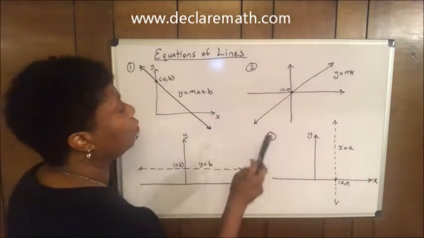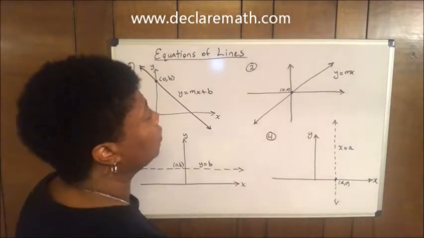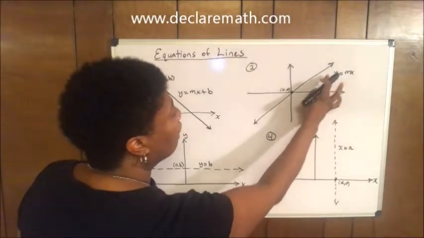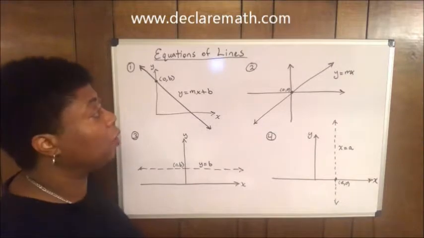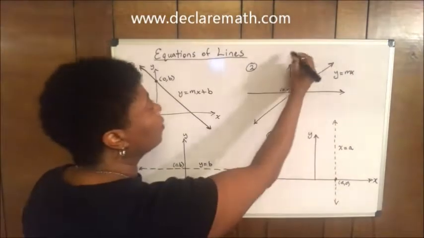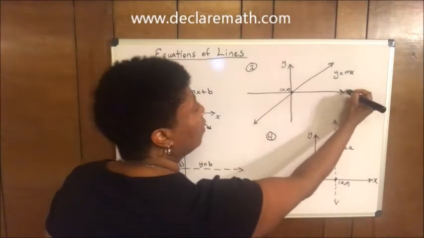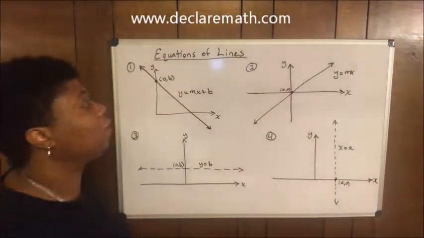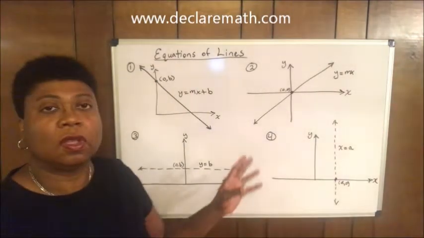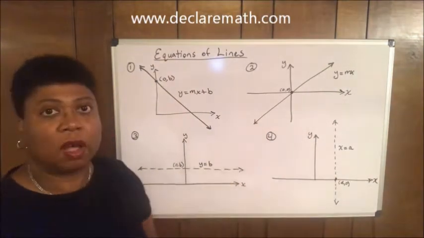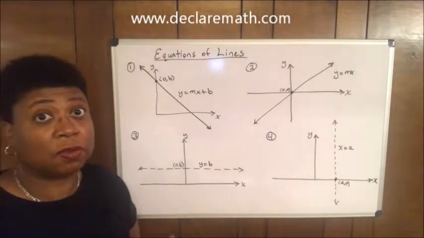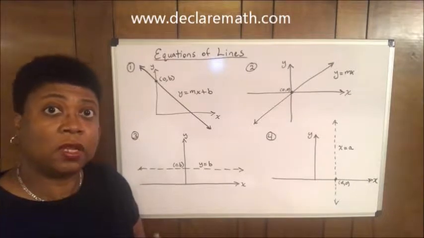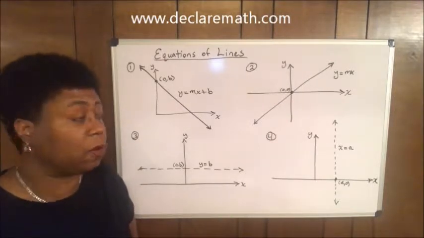Okay, now graph 2 here shows us the line if it went through what is called the origin, which is where the x and y, see, I don't even have them labeled, okay? Sorry about that. Where the x and y axes intersect is called the origin, and the coordinates at the origin are 0, 0. So the x coordinate is 0 and the y coordinate is 0.